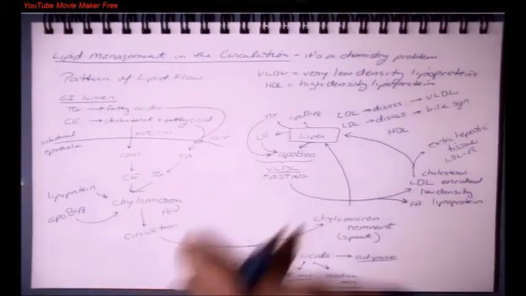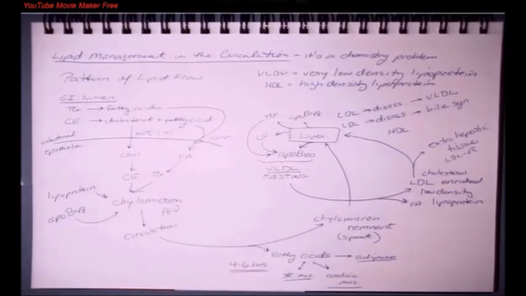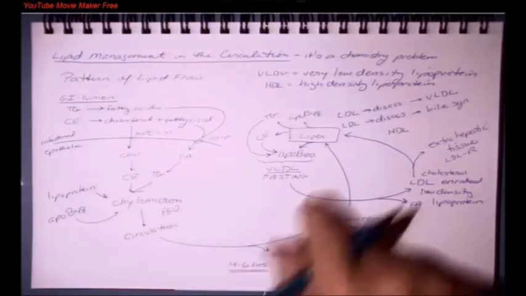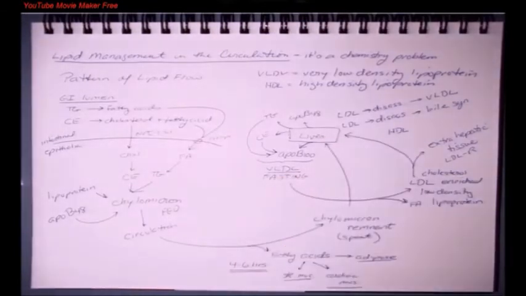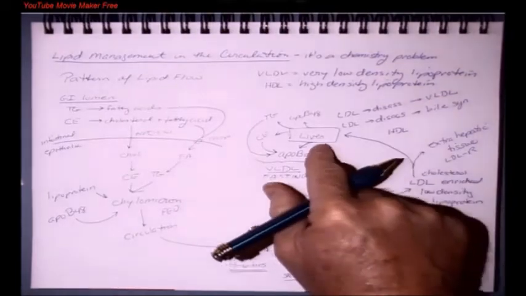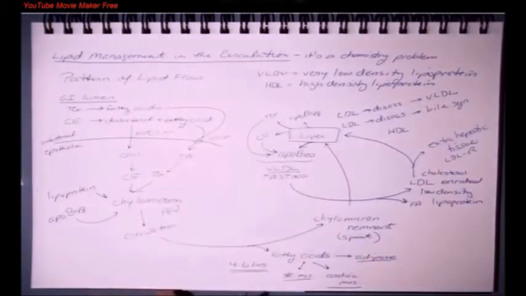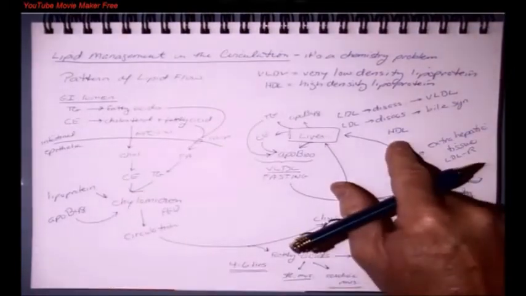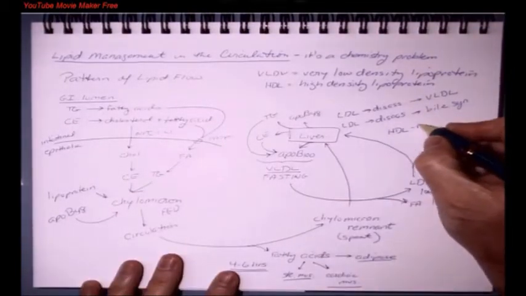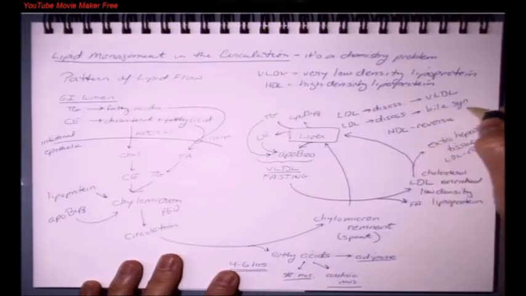The relationship is that they can have their components disassembled and mixed together. HDL is a completely separate lipoprotein. It's made by the liver. It has no relationship to the other lipoproteins, but what it's involved in is reverse cholesterol transport.